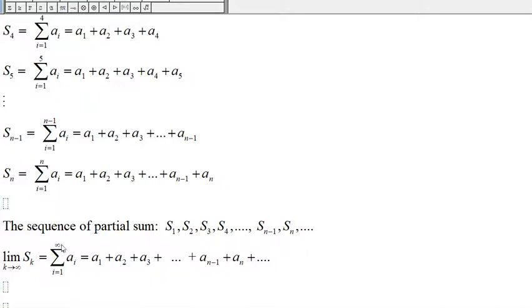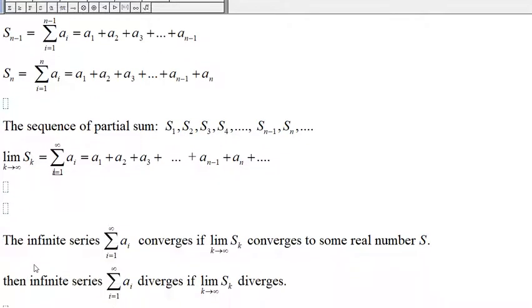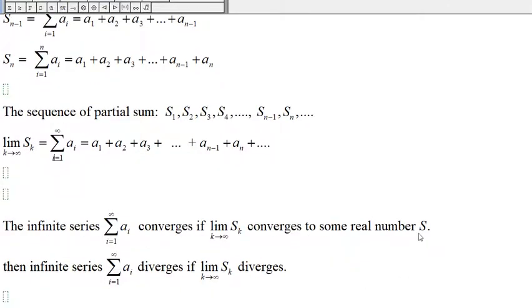And we say that this infinite series converges to some real number if the limit of S sub k, the limit of the sequence of partial sums, converges to some real number, and we call that number S. And we say that it diverges if this limit does not exist.